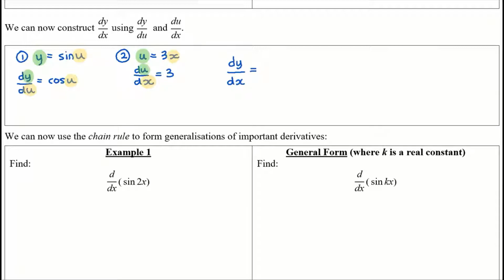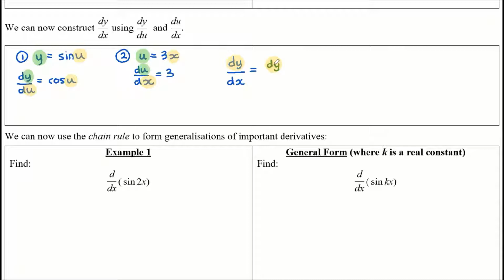The first thing I need to make sure is that I have a dy in the numerator, because my derivative on the left-hand side has a dy in the numerator also. So that's got to correspond.